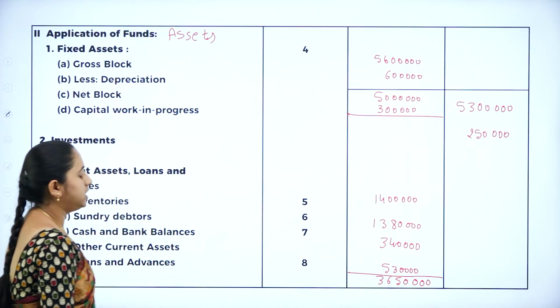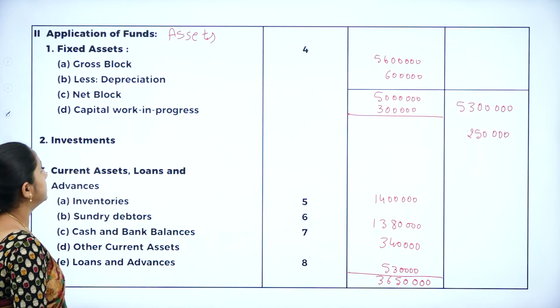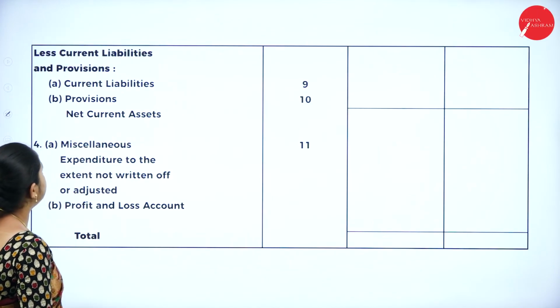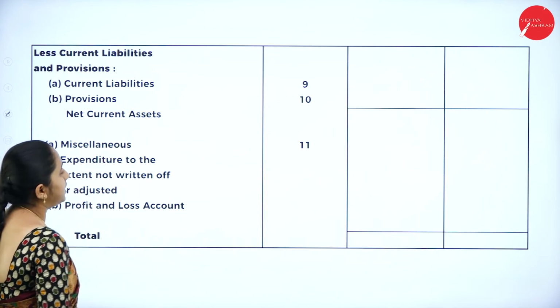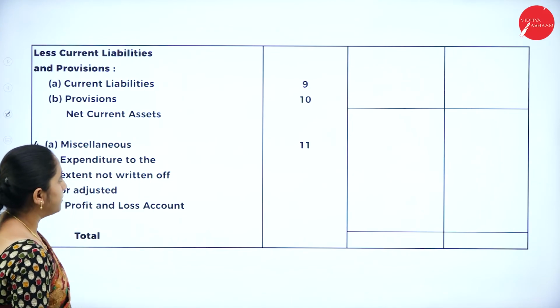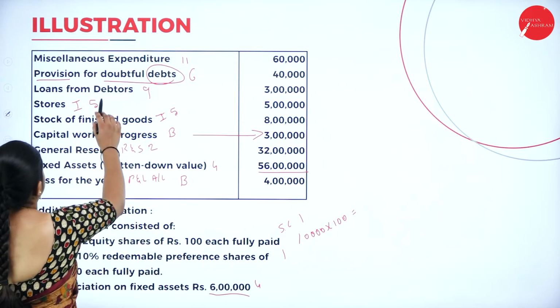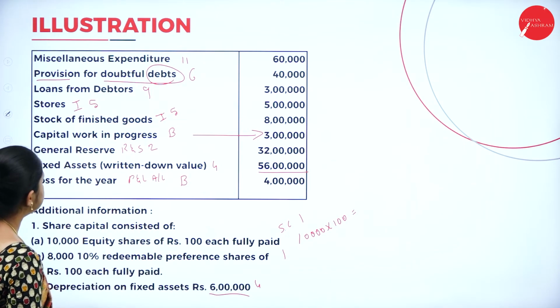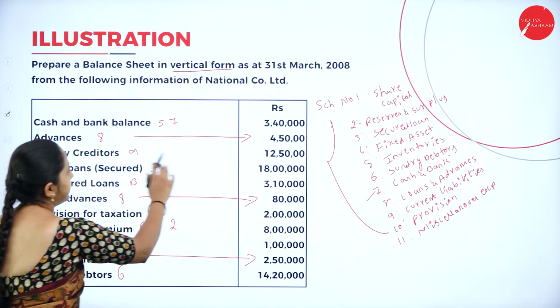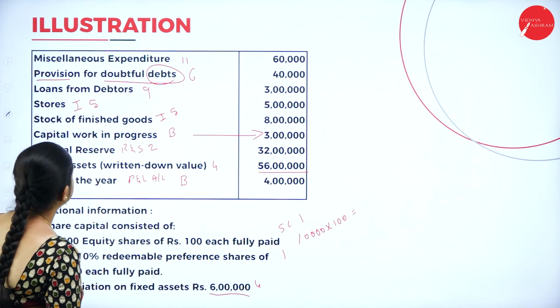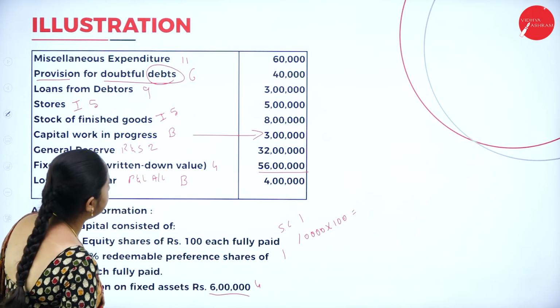Next, current liabilities and provisions. First one, current liability, Schedule 9. Under Schedule 9, loans from debtors, sundry creditors. Only two items. Sundry creditors 12 lakh 50,000. Loans from debtors 3 lakh.